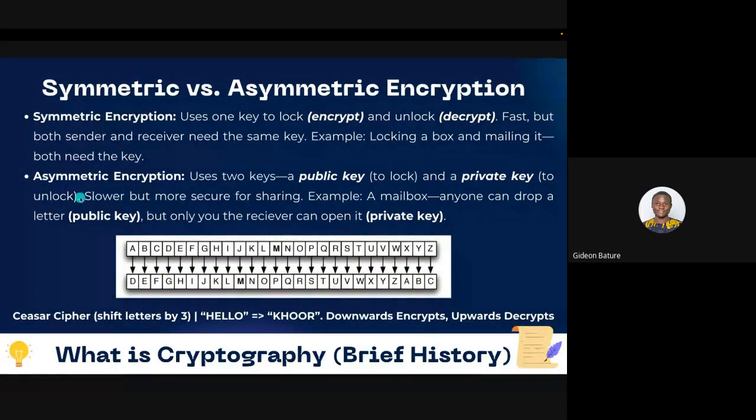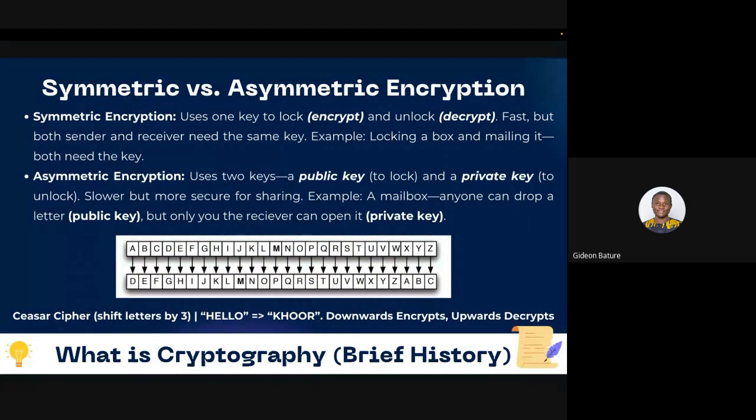Now, asymmetric encryption uses two keys: the public key and the private key. The public key is what is used to lock, or encrypt, it, whereas the private key is what is used to unlock, or decrypt, it.